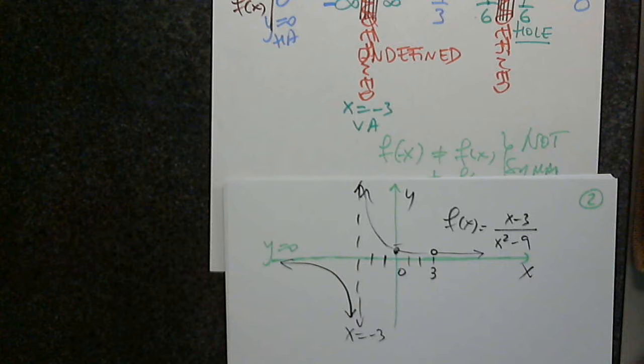Do you see that there is no vertical asymptote at x equals 3? Definitely, right? Okay, but now let's zoom in. I am going to zoom in right here in this area. So I go to Window. I only want to see between 2 and 4.